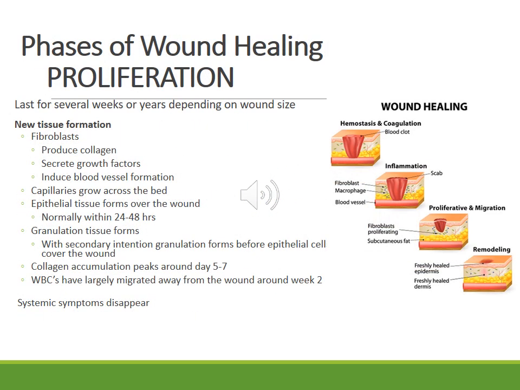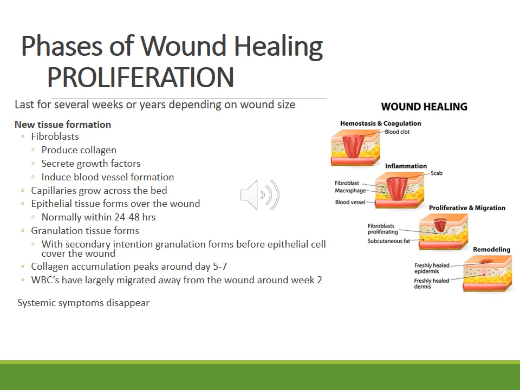So now we're at the proliferation stage. This is the third part of our wound healing phases. And this is where we're starting to get new tissue formation. This can last anywhere from several weeks to years, depending on the size of the wound, depending on how much tissue was lost from that wound. And so it goes through here on the PowerPoint and talks about the process.